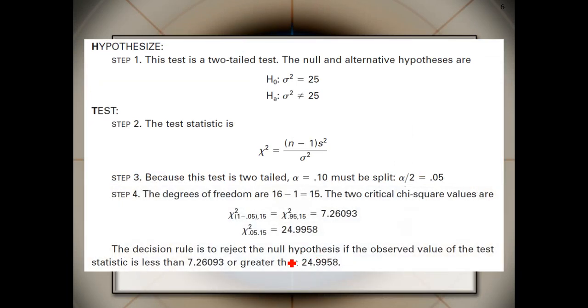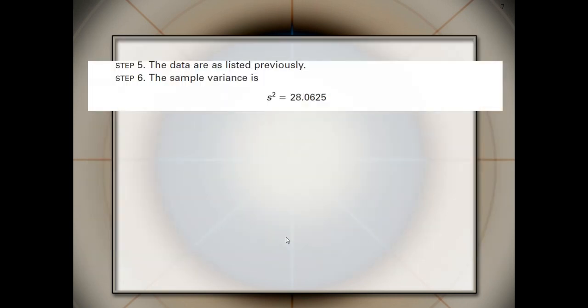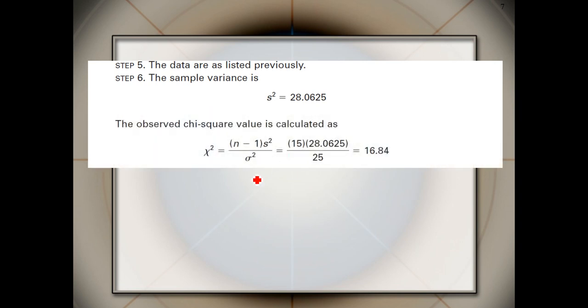So let's compute the test statistic. The data is, let's say n is 16. My s square, which I computed from those 16 readings, is 28.06. And my assumed population variance is 25. I have plugged in the values here and I got chi-square as 16.84. Recollect that our critical values were 7 point something and 25.